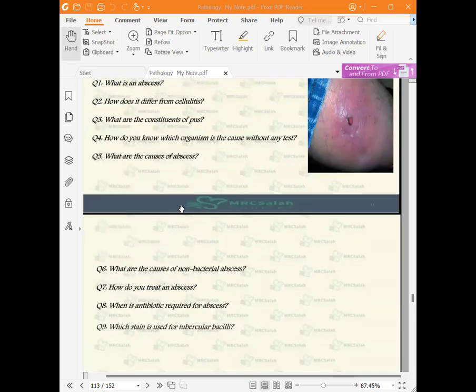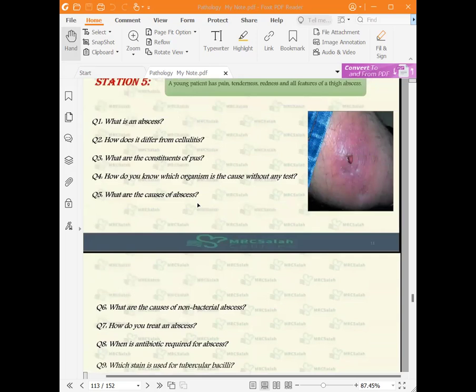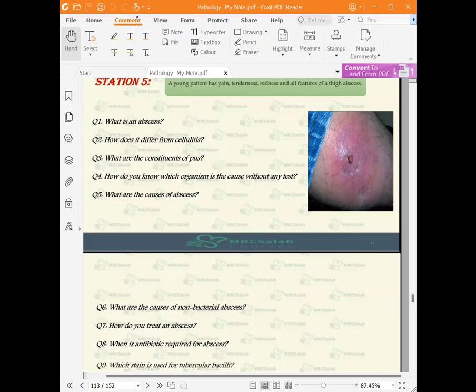Dr. Amir, you want to add anything? For the constituents of pus, Khadija, you studied, but we need to direct you to the right answer because the one you said is not accepted. You should say there is a fluid part and solid part.